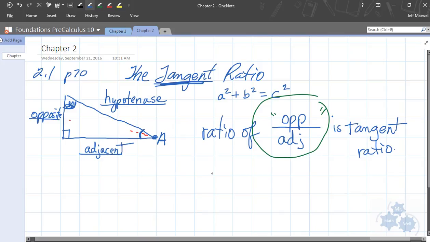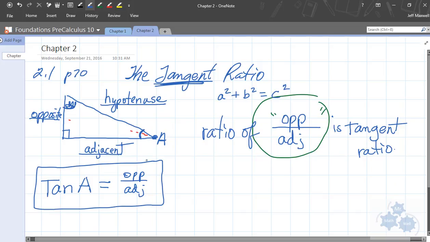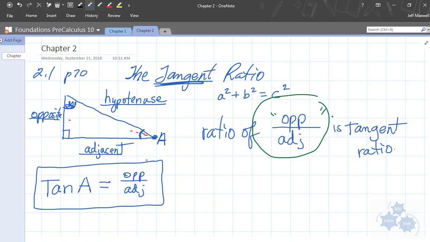It's written like this. The tan of A, you just abbreviate tangent as tan, tan of A equals opposite over adjacent. So it's a ratio of sides of a right triangle for an angle that's special. Why is it special?